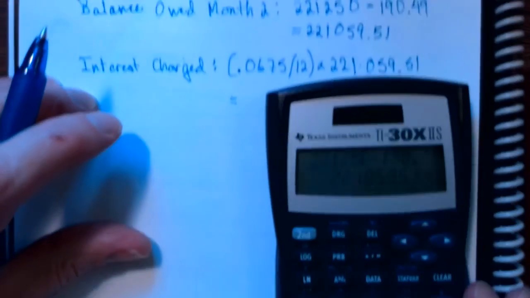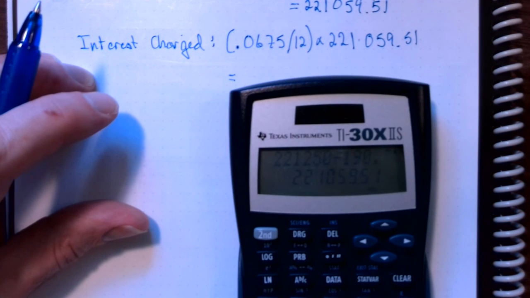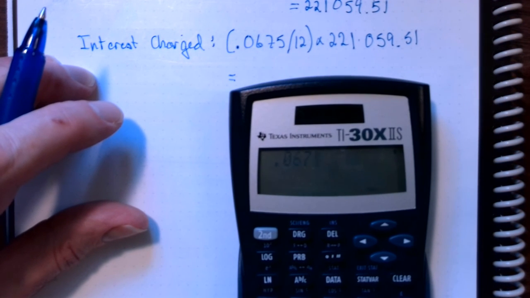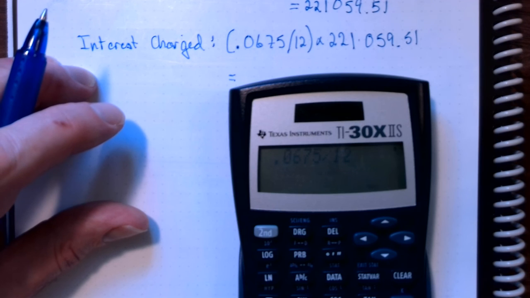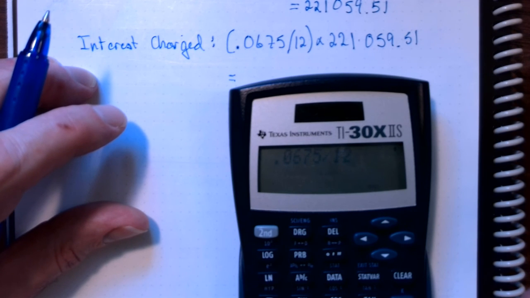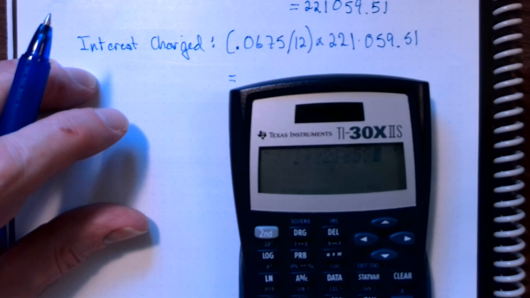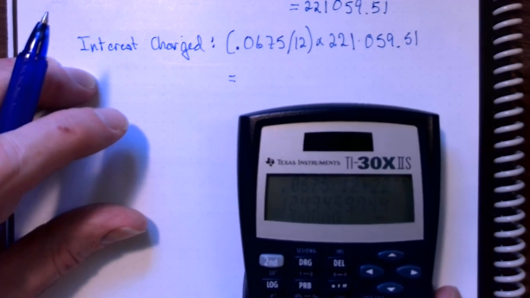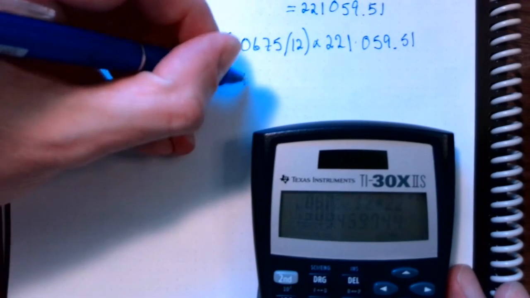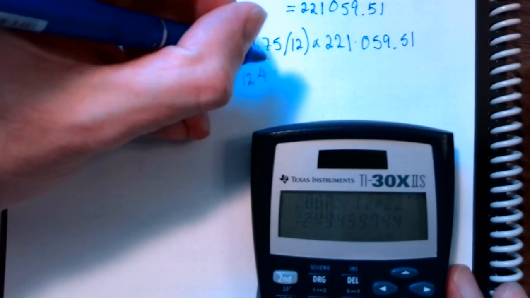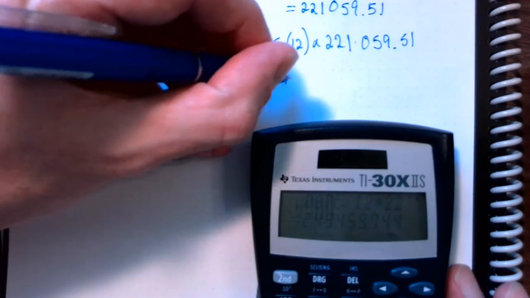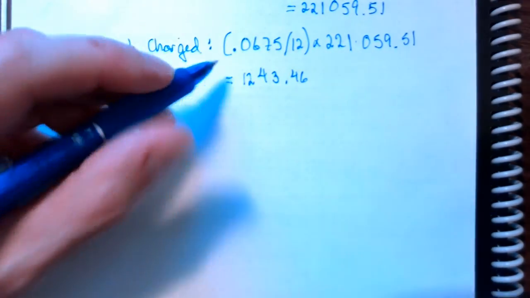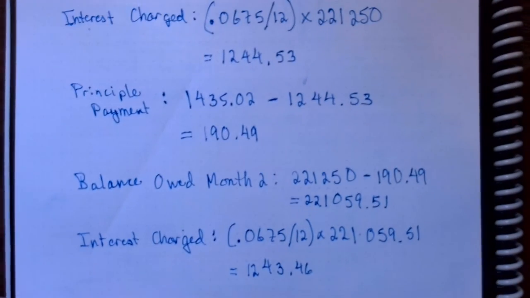So let's crunch the numbers there. 0.0675 divided by 12 times 221,059.51 gives $1,243.46.